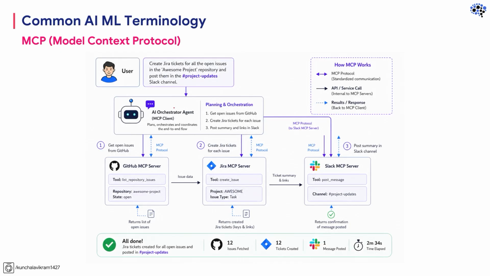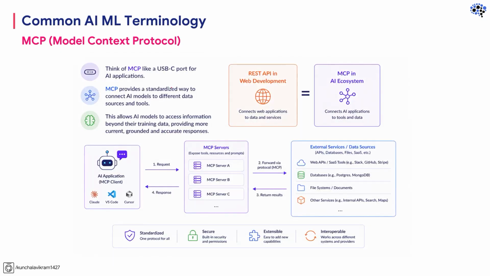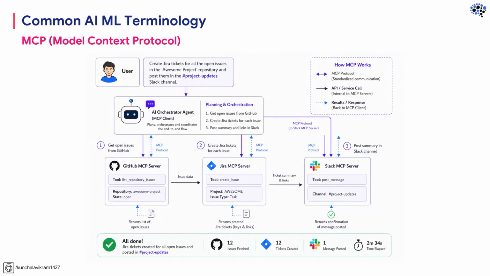So this query is sent to the AI agent, which has the MCP client. The MCP client is needed to talk to the MCP server. In the previous example, all the desktop apps are like MCP clients because they know how to talk to the MCP server. So if you're implementing any AI agent, you also need to use an MCP client framework or library.